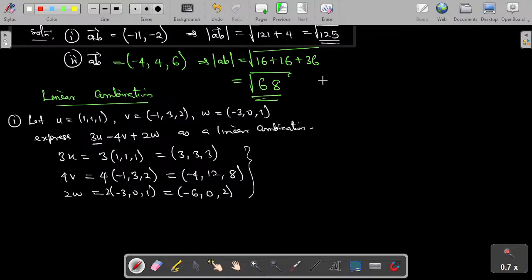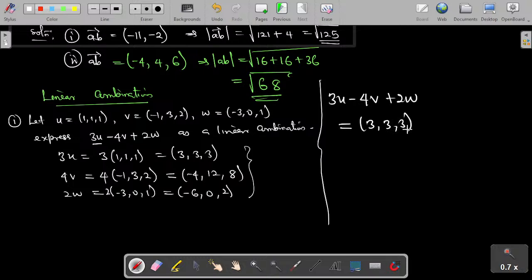So in other words, our 3u minus 4v plus 2w is going to be equal to (3, 3, 3) minus (-4, 12, 8) plus (-6, 0, 2).